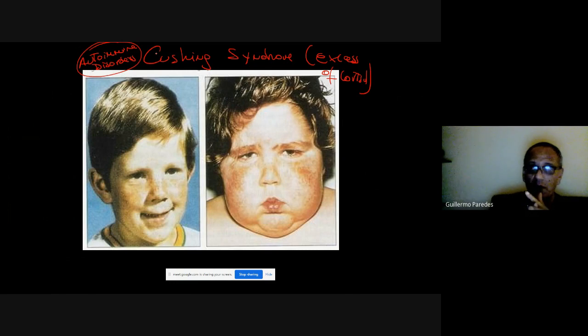Another, myasthenia gravis, the receptor for acetylcholine. Multiple sclerosis, the myelin of the axons. Psoriasis, the skin. Arthritis, rheumatoid arthritis, the joints. So all these, actually, you remember the thymus is going to produce the T cells. What is happening in the thymus? Tell me, did I explain this before or no?